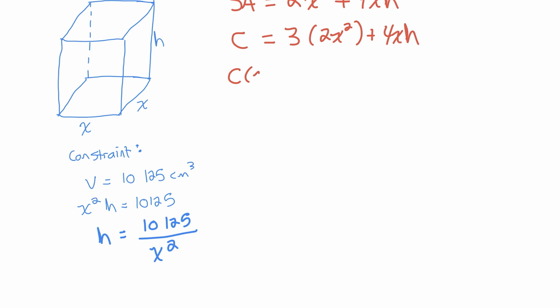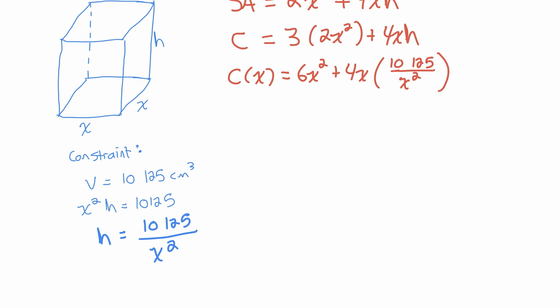Now I have cost in terms of x, and that's 6x squared plus 4 times x times h. I'll simplify this function. This x will cancel with one of those, and 4 times 10,125 is 40,500. And this is x to the power of -1. If I bring that power of x up to the numerator, it makes the exponent negative.